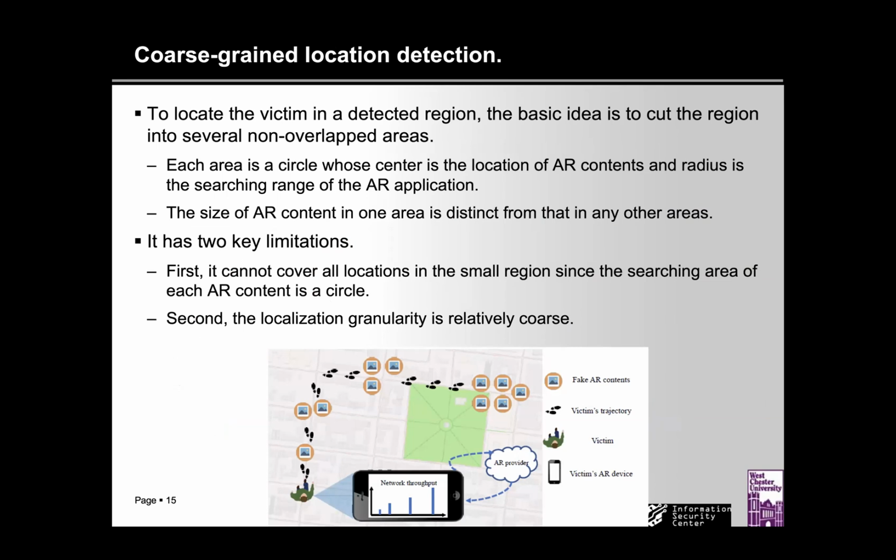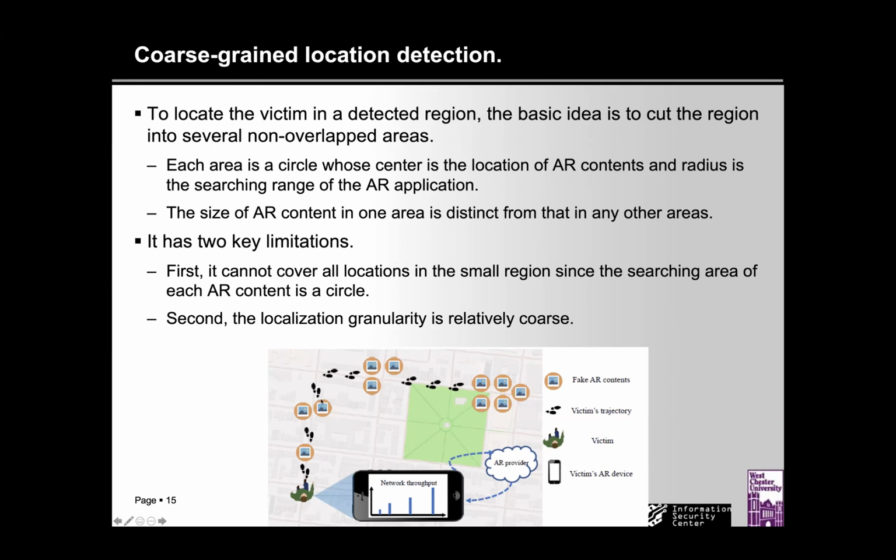Therefore, we propose this coarse-grained location detection. We try to locate the victim in a detected region. The basic idea is to cut the region into several non-overlapping areas, just like the one shown in this figure. Each area is a circle whose center is the location of the AR content, and the radius is the searching range of the AR application.